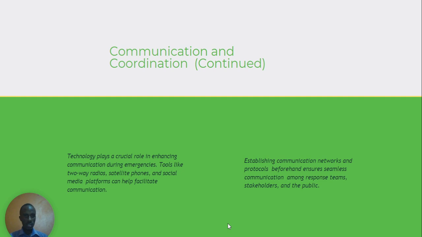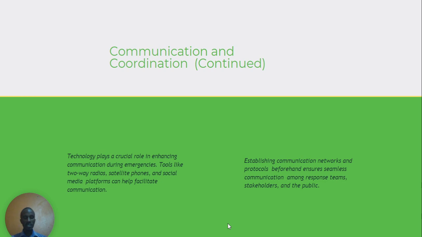So technology plays, of course, a crucial role in enforcing communication during emergencies, and tools like two-way radios or those walkie-talkies that law enforcers usually carry, those that transmit and receive radio waves, are very essential during emergencies.